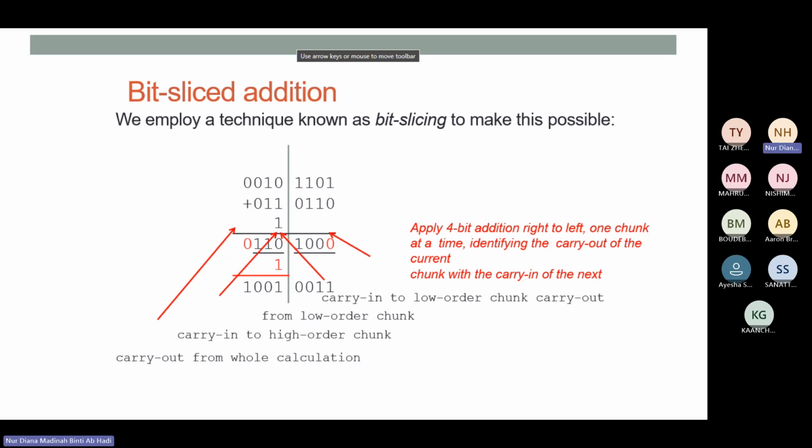When we employ the bit slicing technique, we apply the 4-bit hardware from right to left, one chunk at a time. We can identify the carry out of the current chunk and carry into the next one. So you can see that there would be a carry in to the higher chunk and a carry out from the lower order chunk.